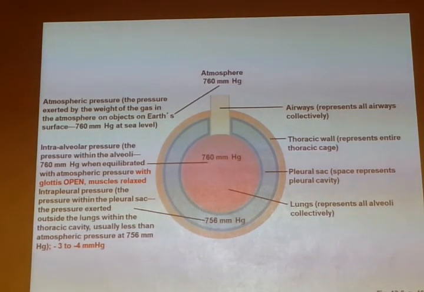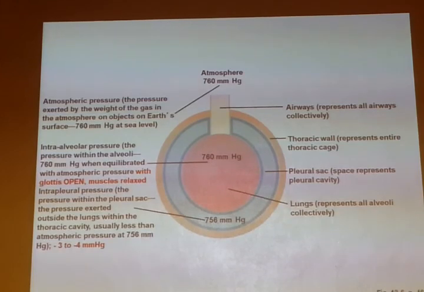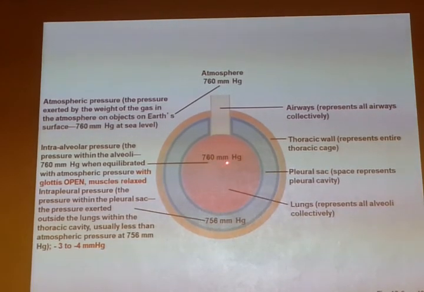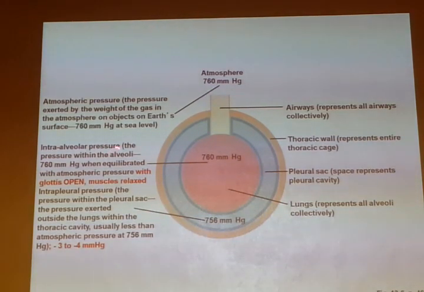As long as our glottis is open in our larynx, then atmospheric and alveolar pressure are going to be equal. They're going to be 760 millimeters of mercury. So the caveat is chest wall relaxed, diaphragm relaxed, so you're at resting lung volume, and your glottis has to be open. And then you have equilibration with atmospheric pressure.